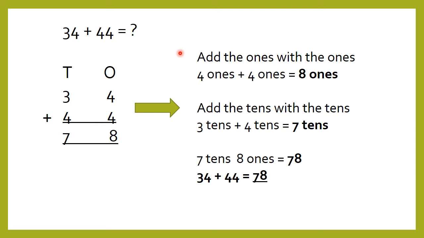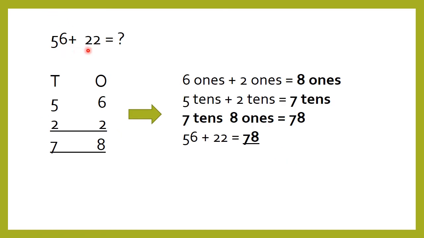So here you have 34 and 44. 34 means 3 tens and 4 ones, and 44 means 4 tens and 4 ones. So now let's add the ones together. 4 plus 4 is 8, and let's add the tens together. 4 plus 3 is 7. So 7 tens and 8 ones means 78.